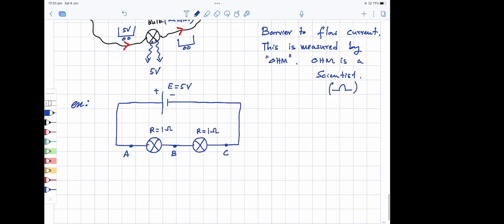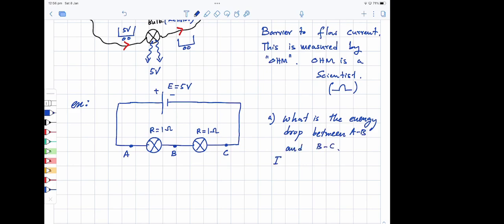Now the question is, first one, what is the energy drop between AB and BC?